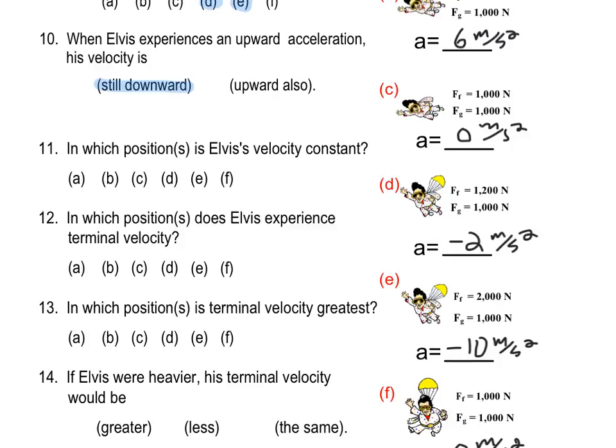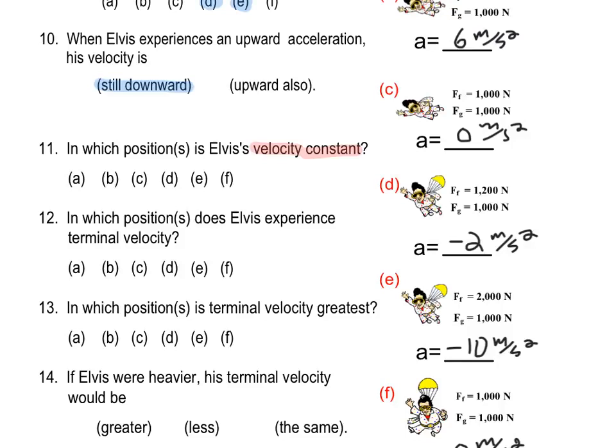In number 11, it asks, in which position or positions is Elvis's velocity constant? Anytime you see these two words, constant velocity, in this chapter, it's very simple. It means you have no change in v, which means you have no change in v over t, or acceleration. And if you have no acceleration, because F equals ma, you must also have no net force.